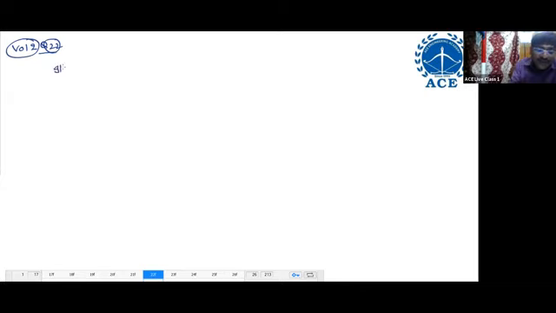Simple logic means here C naught, here C1. That means to the input connected C naught and C1.